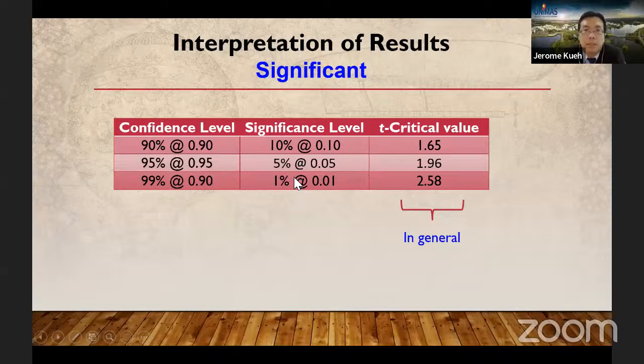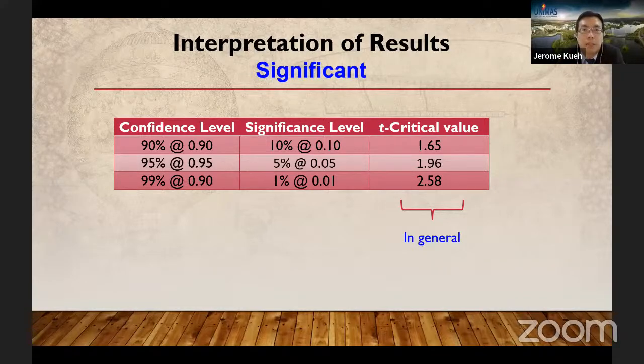But most of the time, the one in the middle is used, which is 95% confidence level, or in terms of significance level, 5%. This critical value I put here is just in general, because normally in time series analysis we need to have more observations. The more the better.